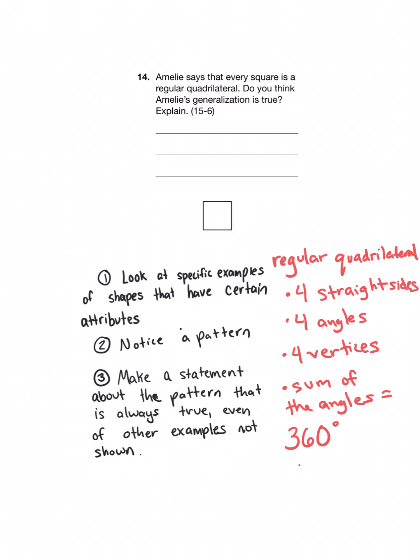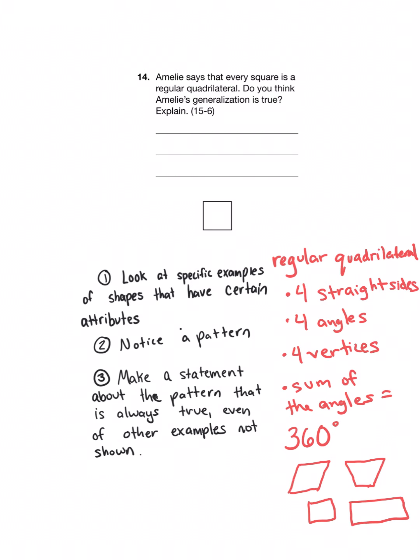So that's why a quadrilateral can be a shape like this that has a combination of obtuse and acute angles. It could be a shape like this, or it could be a square or a rectangle. Any of these shapes would match the definition for a regular quadrilateral, even though they have different kinds of angles.